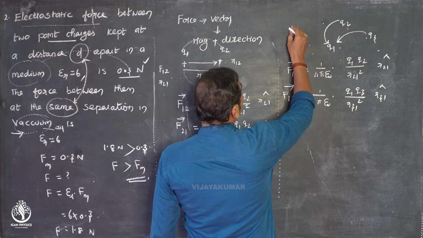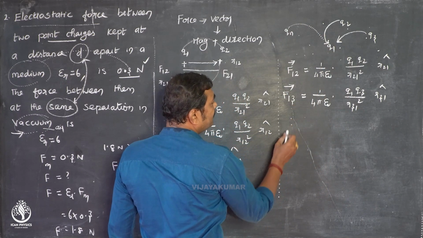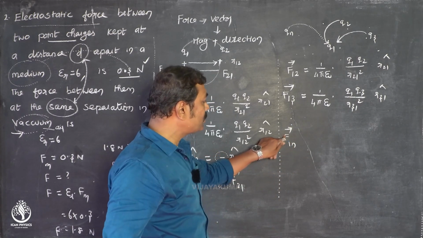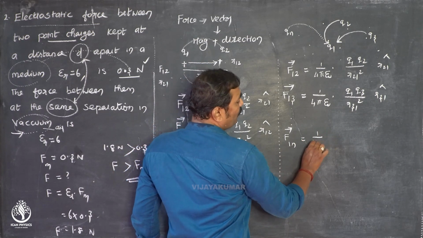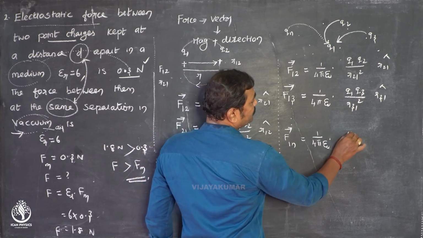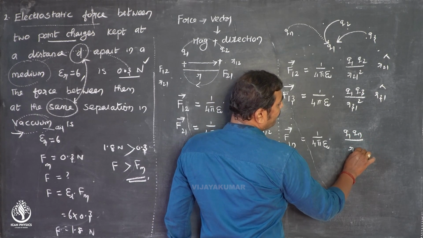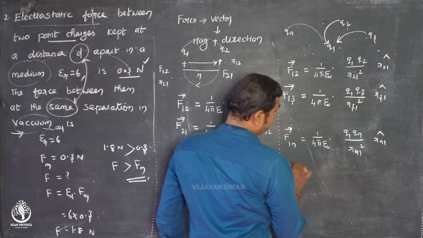So like that the system of charges goes up to n. So the nth charge experiences a force. So force on first by the nth charge is equal to 1 by 4 pi epsilon 0 Q1 Qn by Rn1 squared Rn1 cap. Okay.